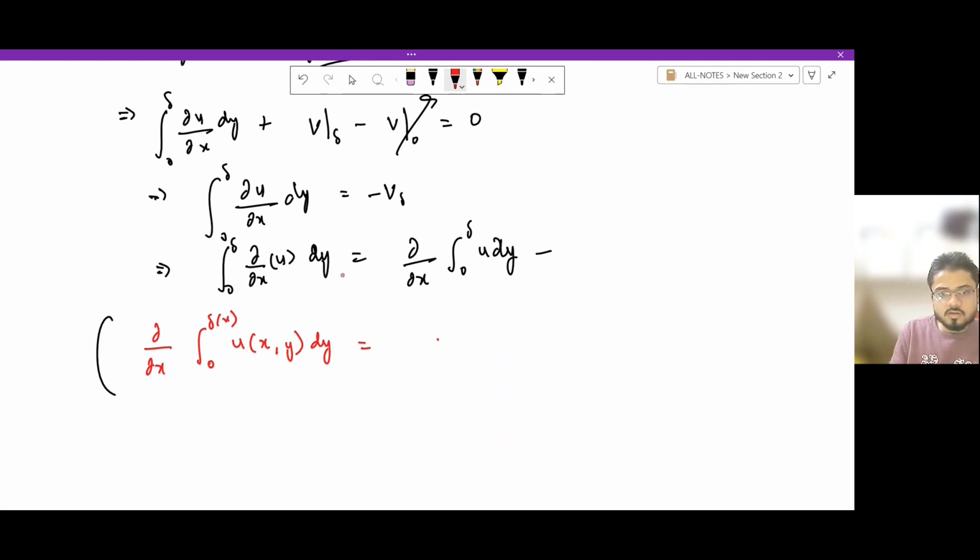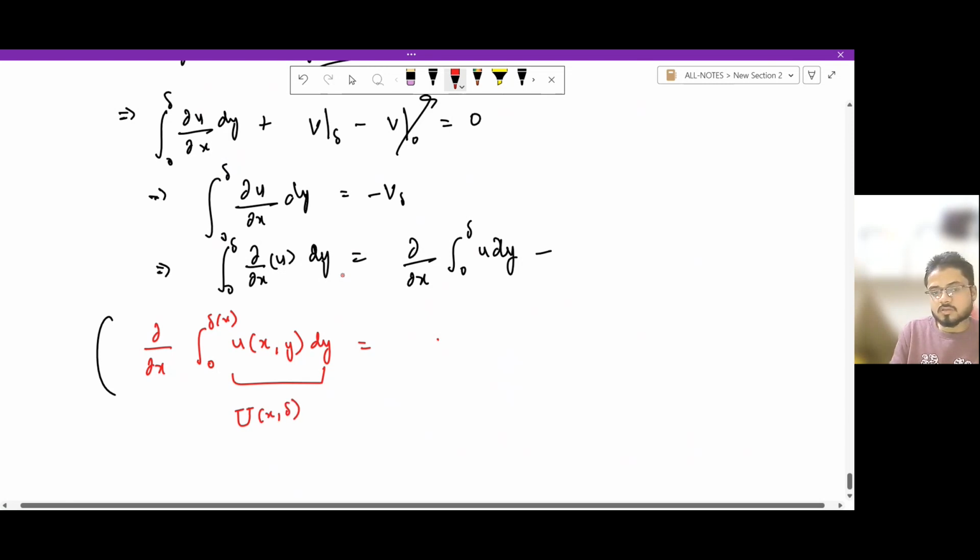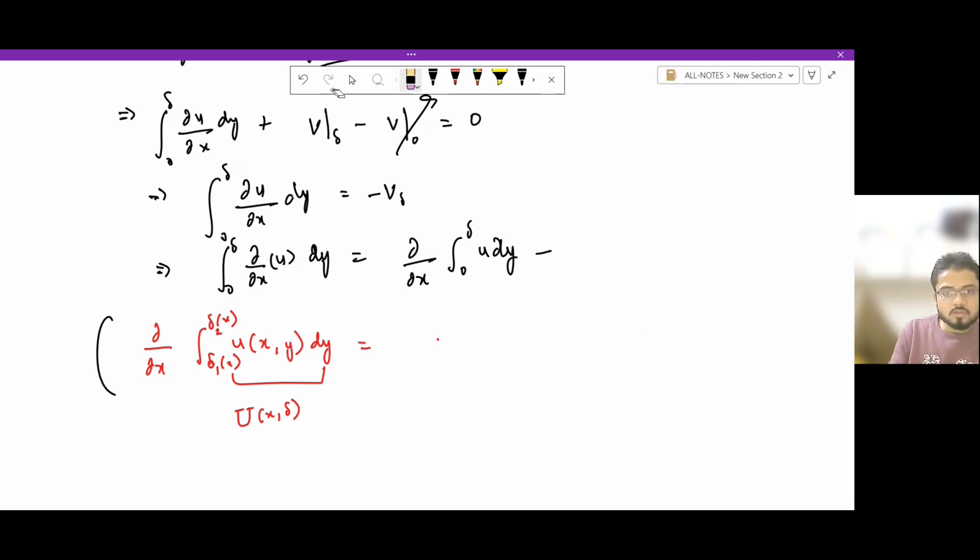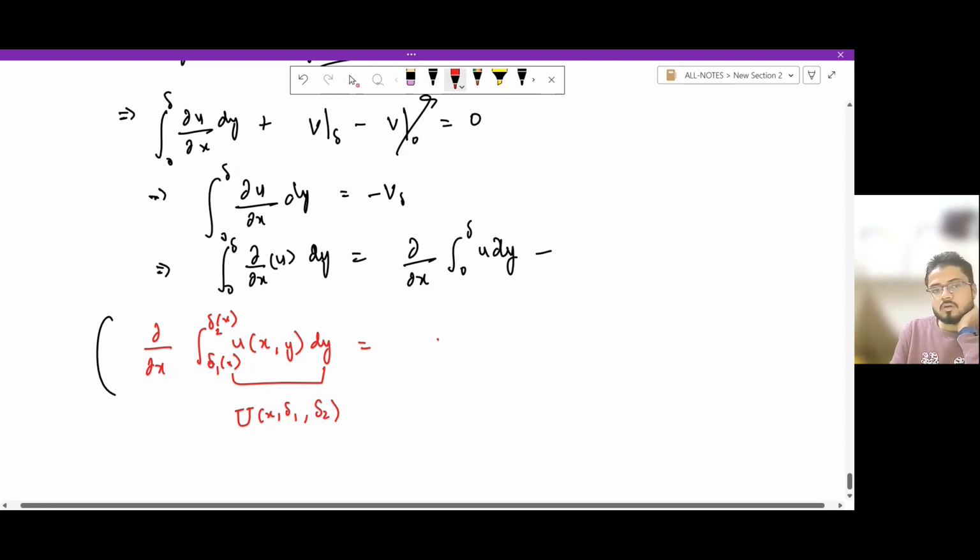Let's say this entire thing becomes something like big U of x comma delta, as a function of x and delta. Or we could be a bit more general. Let's call these delta 1 and delta 2, so it looks like U(x, delta 1, delta 2).